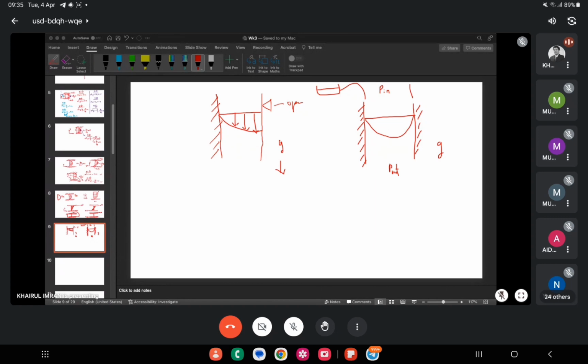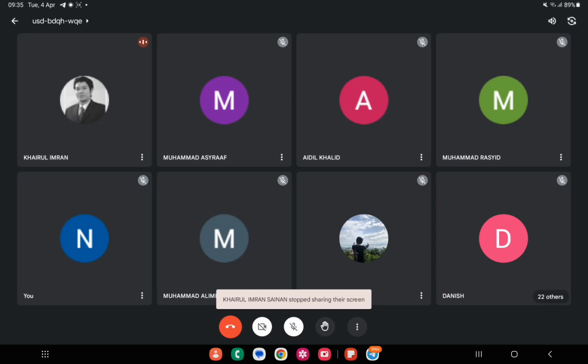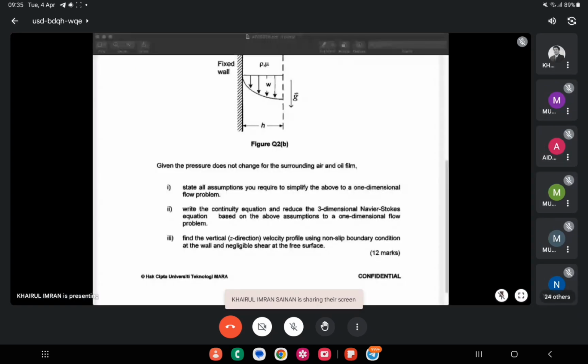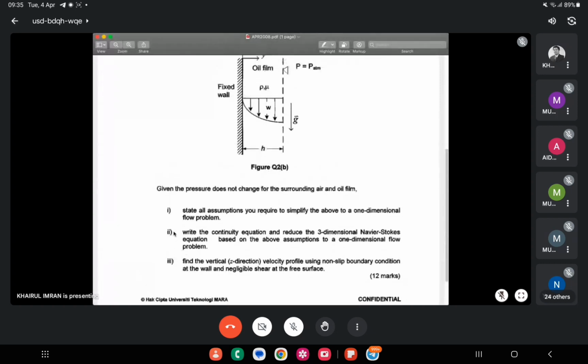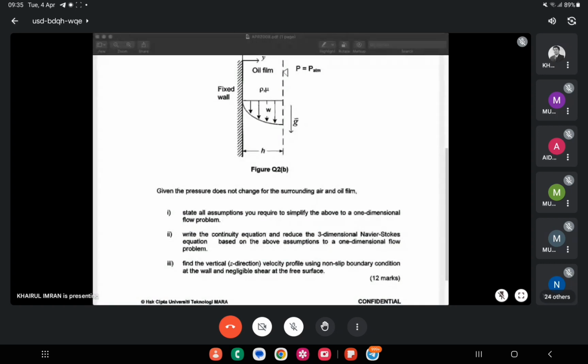So I just put it on the WhatsApp group, the April 2008 question. Alright, can everyone see it? Can you see it? Asking about the presentation. Yes, we can see, sir.